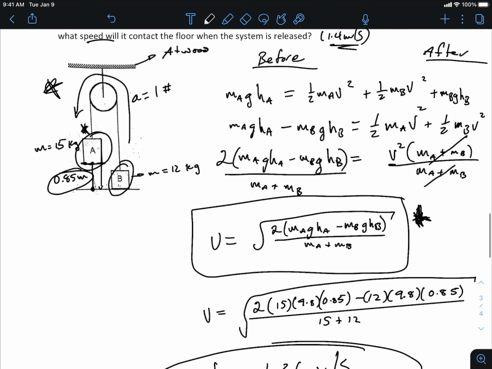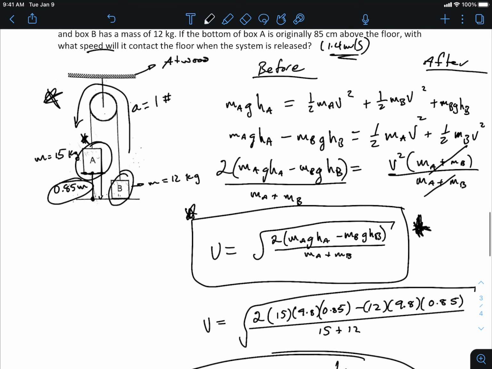If you guys knew through your homework that the speed of an Atwood system, the speed at which the blocks move, was equal to this, you've already done all of this derivation work to arrive here.